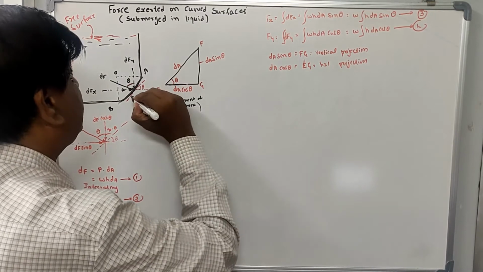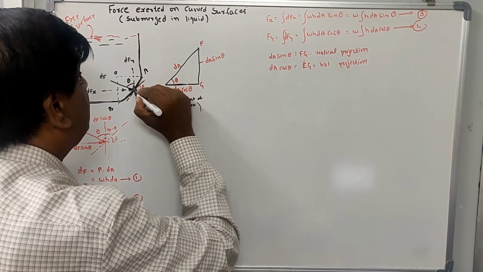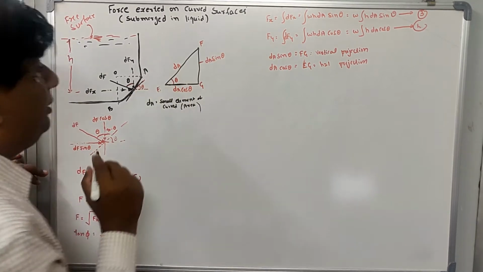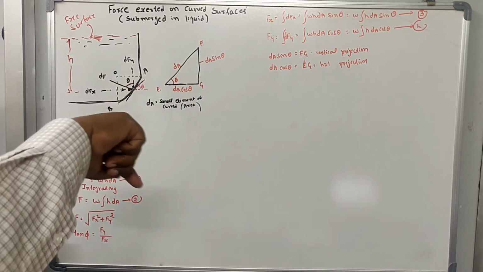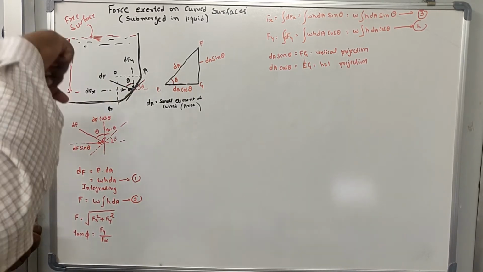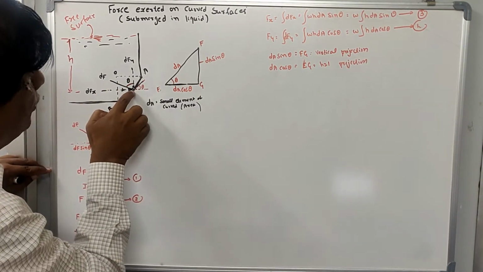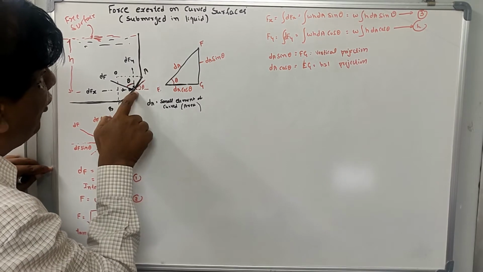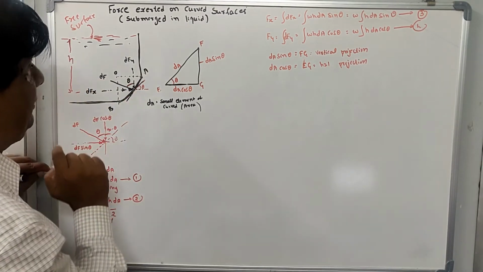This is the tangent at this point. This is the small element and this is the tangent point. We know the static mass of fluid will exert force on the element in the normal direction. So this is the normal direction. The force exerted on this small element is dF in the normal direction.